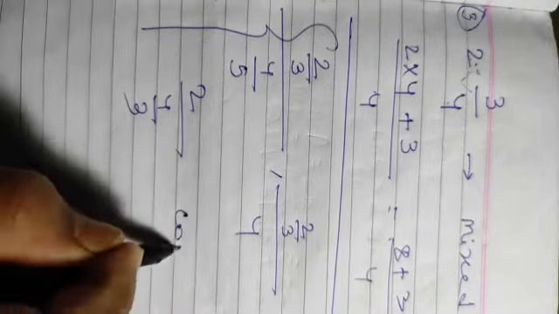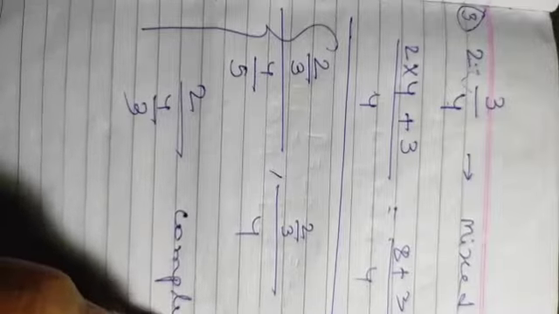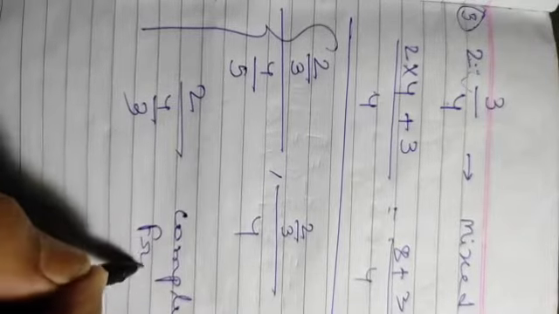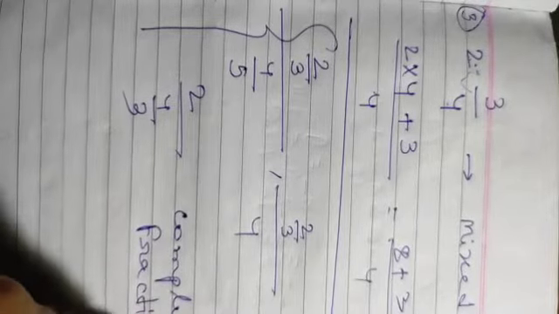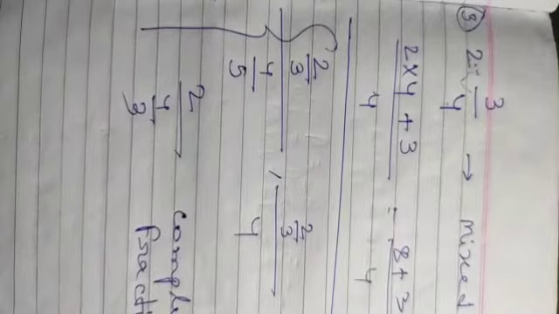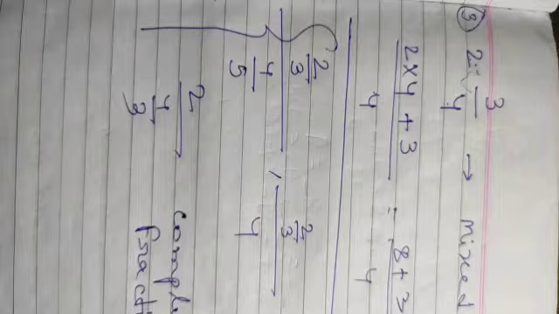They are complex fractions. Once more try to understand. If the numerator or denominator are in fraction, then such type of fractions are called complex fractions.